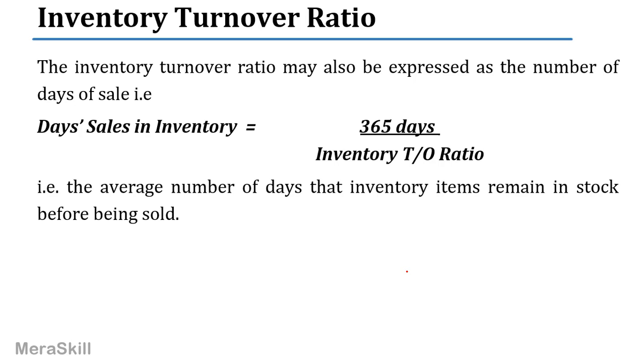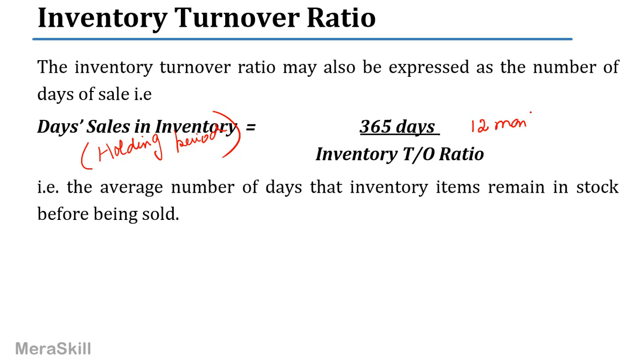Now, the inventory turnover ratio may also be expressed as what? Days sales in inventory, also known as the inventory holding period. How do you do that? 365 days by inventory turnover ratio, or we could take it as 12 months.